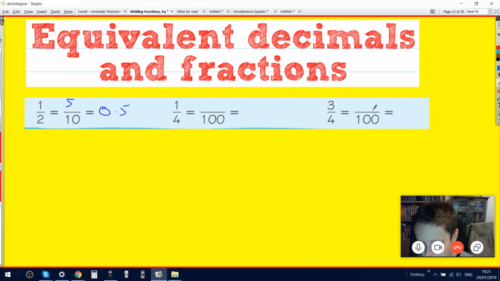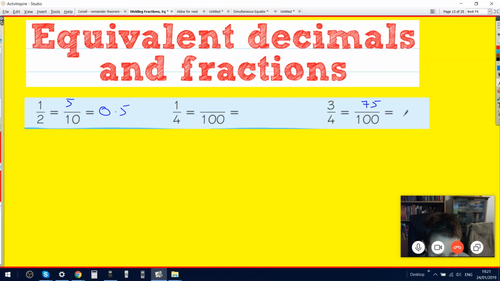How about the last one? 3/4 is the same as what over 100? I think it's the same as 25 over 100. That'd be 1/4. 3/4? Oh, then it would be 75.